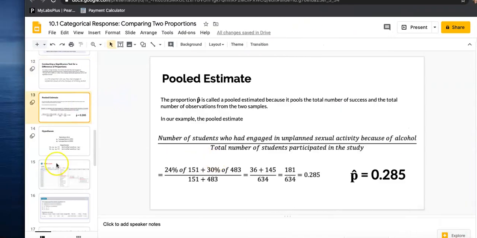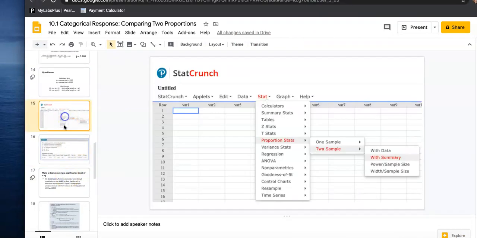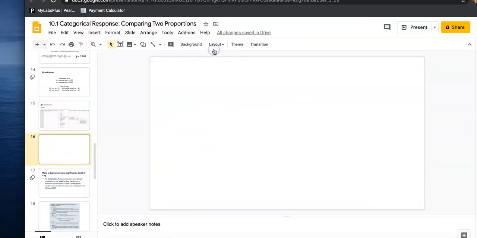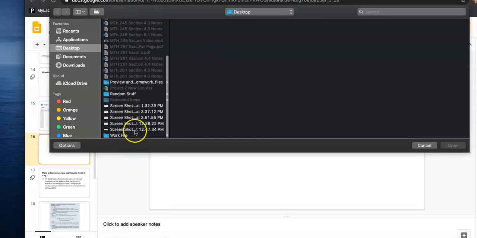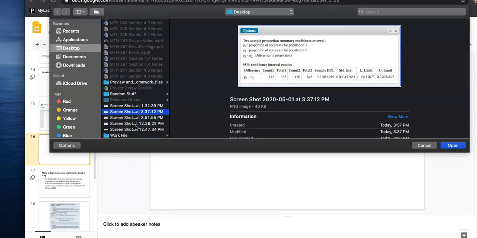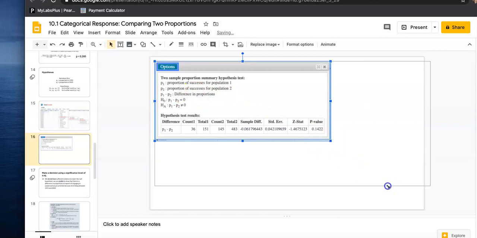So we skipped a lot of steps because we were doing the test and the confidence interval on StatCrunch. But again, I want to focus on interpretation in chapter 10.